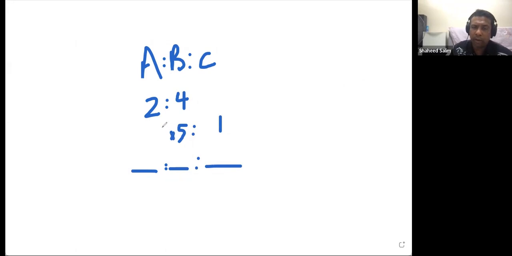So I times by 4. This one I times by how much? By 4 also. This one I times by 5. So I times by 5. 2 times 5, 10. 4 times 5 is 20.